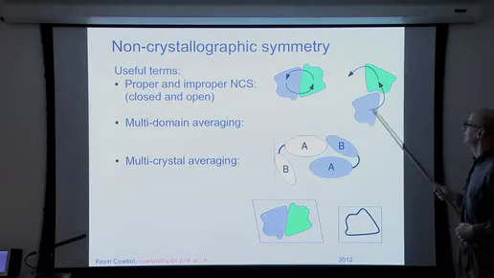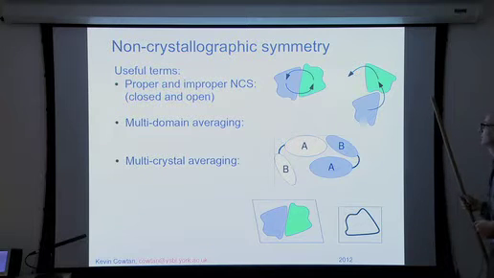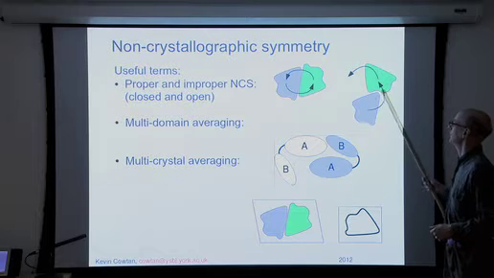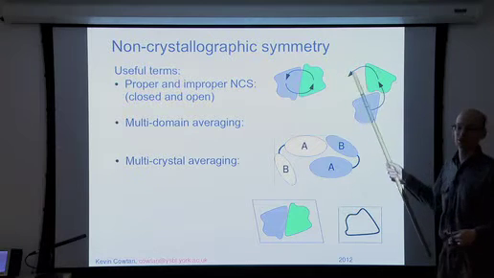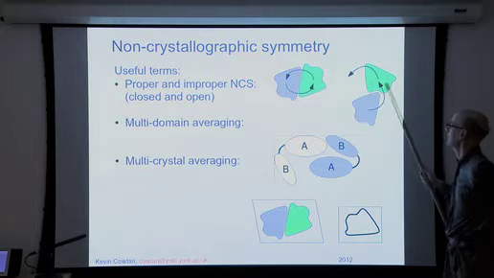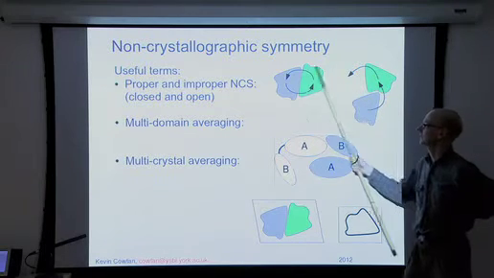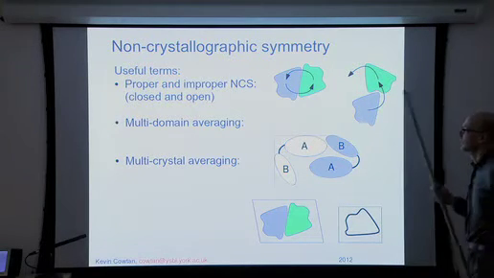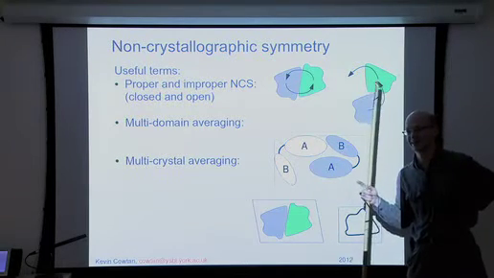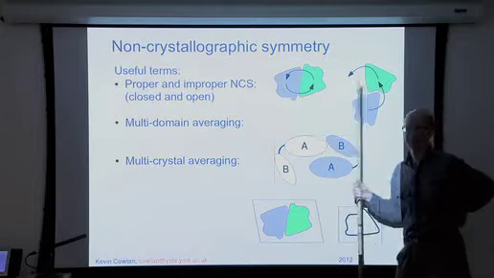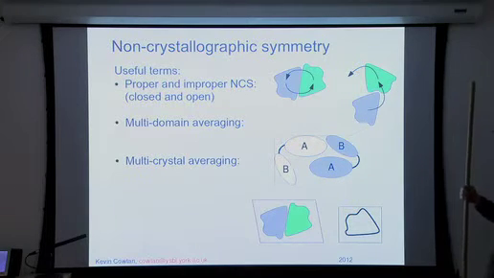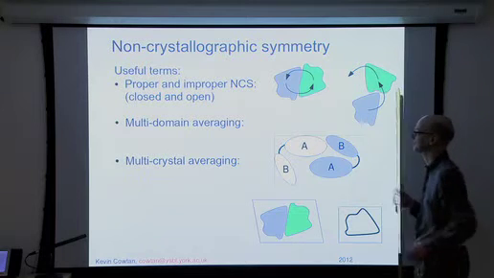Here's a different case. In this case, it's a rotation of, I don't know, 70 degrees or something. This maps this copy onto here, and this copy into solvent. So it doesn't form a closed group. It maps A onto B, but B onto nothing, rather than A onto B and B onto A. So anything that's not a pure rotation is most likely an improper NCS or open. There are a few exceptions, but that's your general rule of thumb.